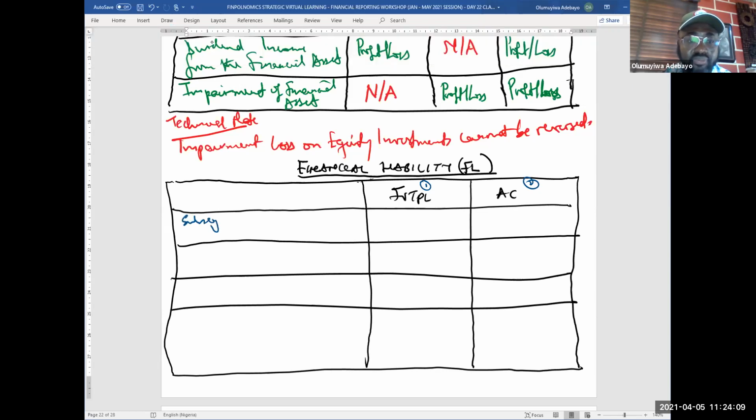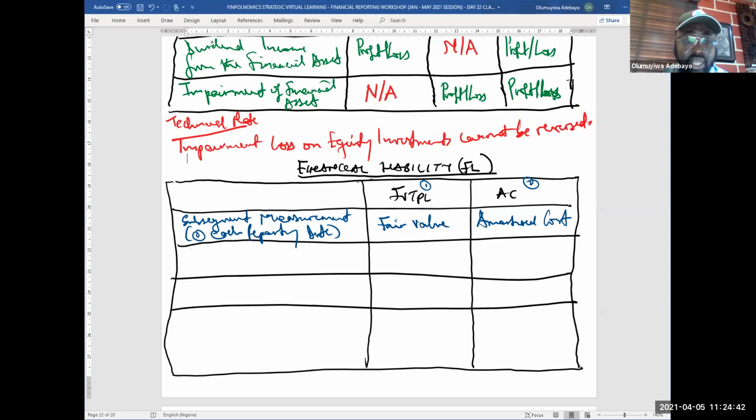Subsequent measurement, which is at each reporting date. For the fair value to profit or loss bucket, the name depicts what we need to do, to measure it at fair value. For the amortized cost bucket, the name also depicts what we need to do, to be measured at amortized cost.